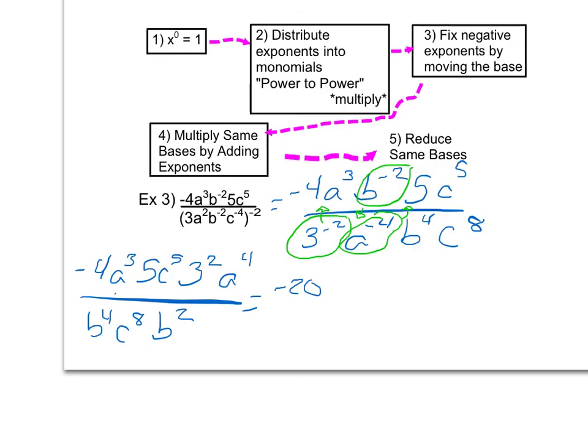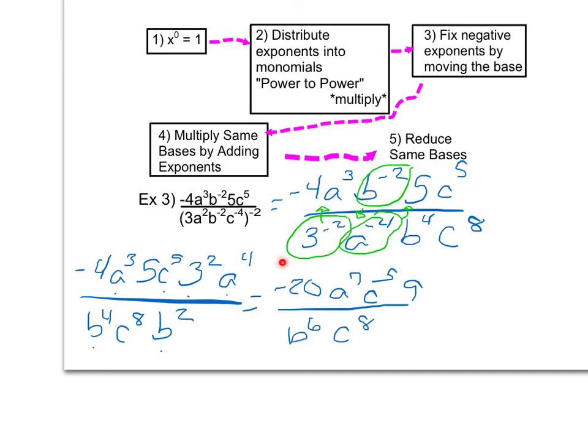I know that I have a cubed times a to the 4th. I add and get a to the 7th, c to the 5th. I also know that 3 squared is 9. On the bottom, I get b to the 4th times b squared. Adding, I get b to the 6th times c to the 8th.